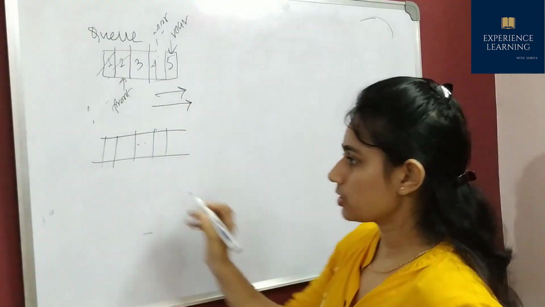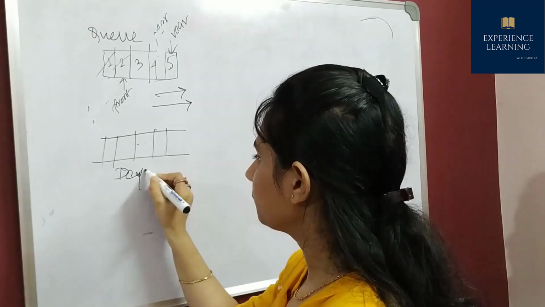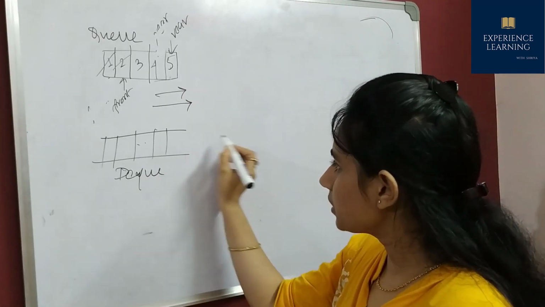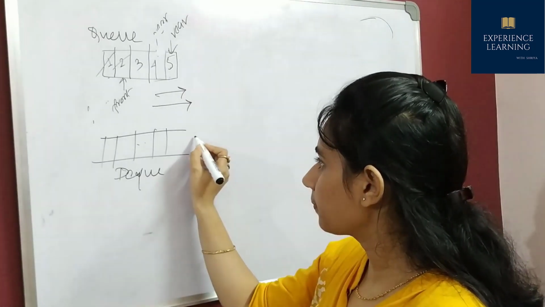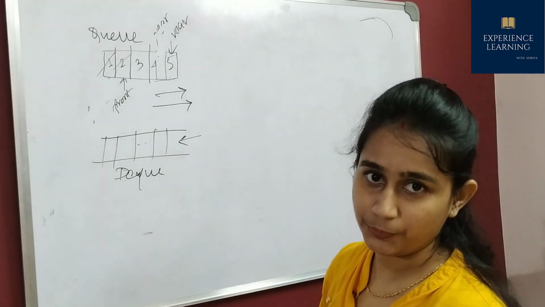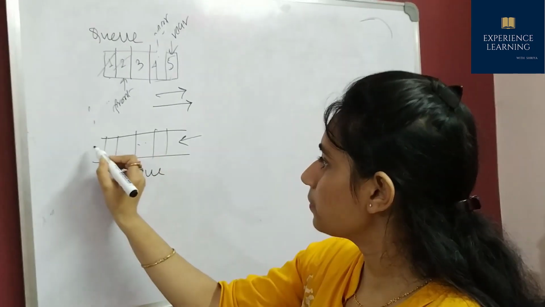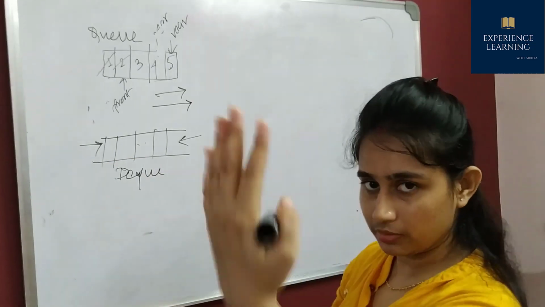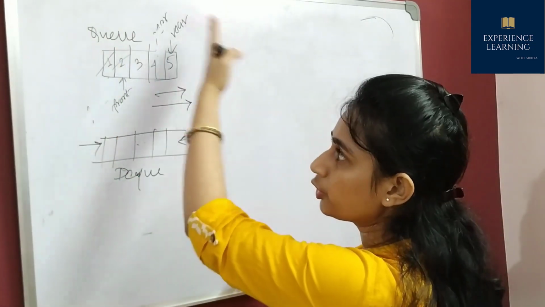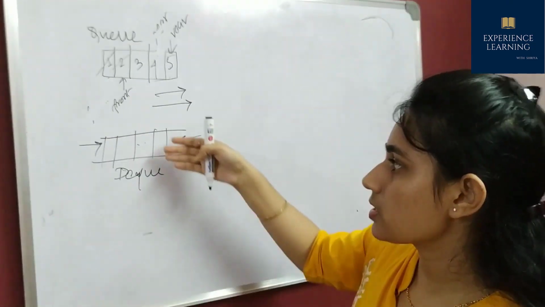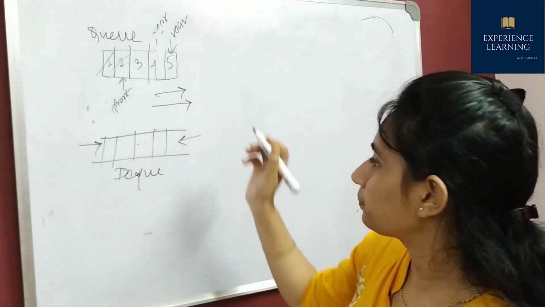But in the case of a double-ended queue, insertion is also possible in this direction. We know that insertion is possible from this end, from here to here, but here we can also insert in this direction.